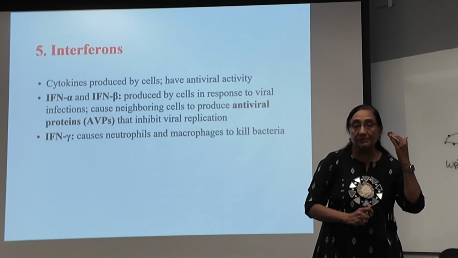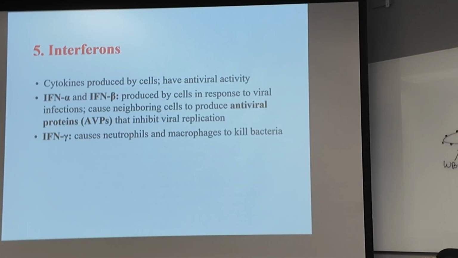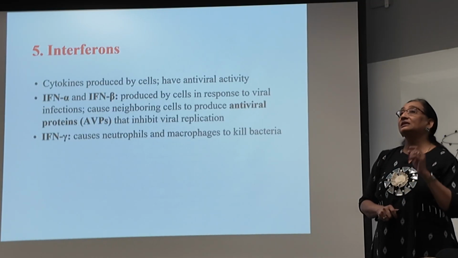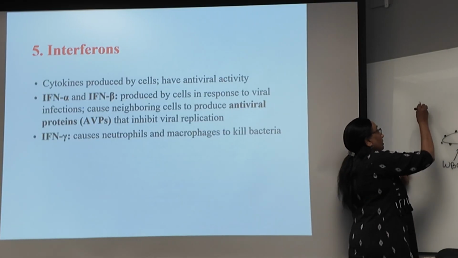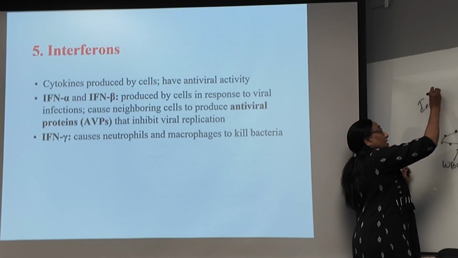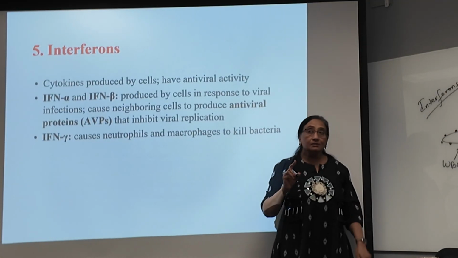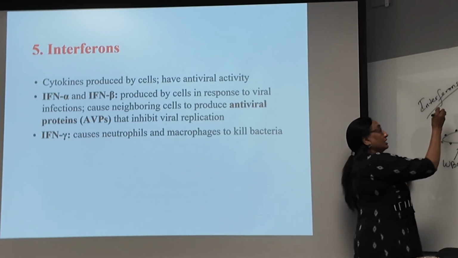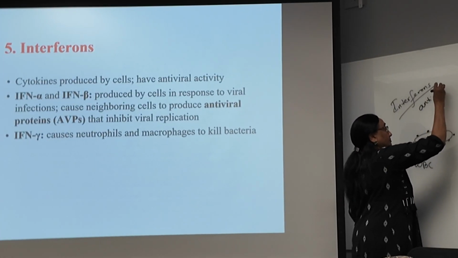There are many subcategories of interferon: interferon alpha, beta, gamma, you have different types. These interferons are basically antiviral substances, naturally made by your cells when the cell gets infected with a virus.